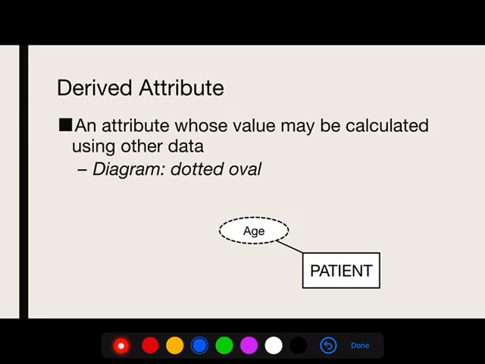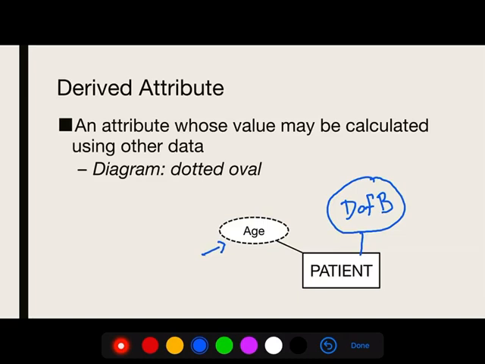Age is a very important property of the patient because it's used in a lot of medical issues. But age can be calculated from another attribute of a patient, which is their date of birth. So you might show age because it's important, but you show that it can be derived by putting the dotted line around it.